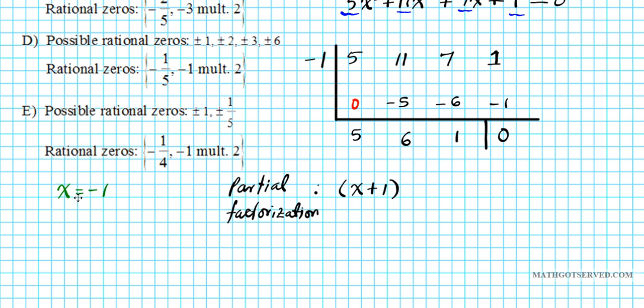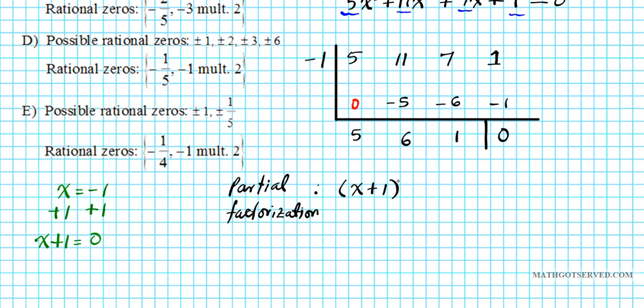So what is the binomial factor that has -1 as the 0? You add 1 to both sides, and you have x plus 1 equals 0. This is a binomial that gives you -1 as the 0. So that's why we have x plus 1 here.